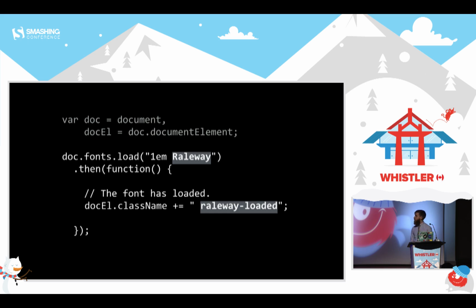You just call a load method on your fonts object, pass in the font family, and it has a nice promises API to give you a function that will be triggered when the web font loads successfully. And in this example, all we're doing is adding a new class to our document element that we'll be able to write some CSS to hook into.